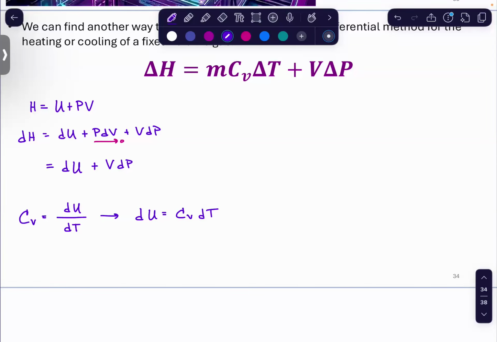And so then that means that our dH can become CV dT plus VdP, and then we're going to integrate everything. Your heat capacity is a constant, so it comes out in front of the integral.